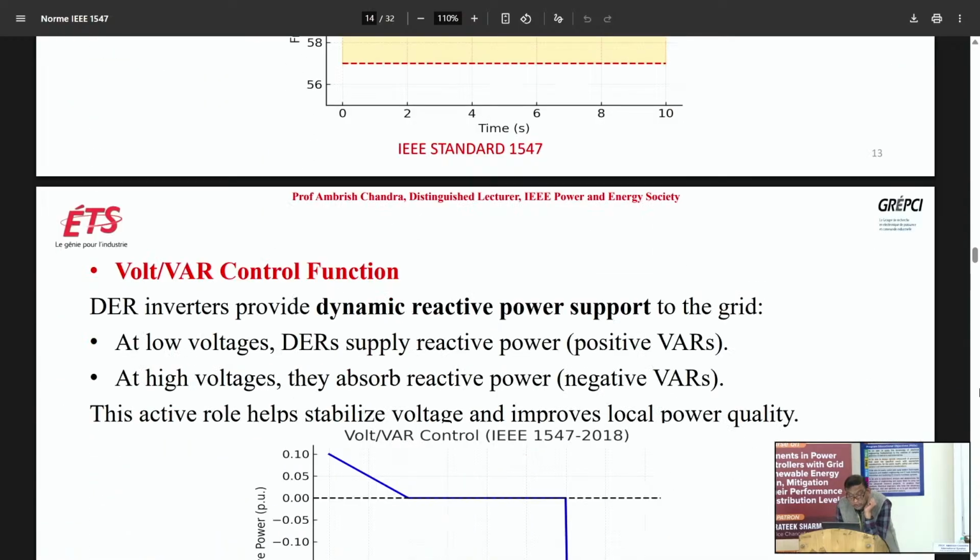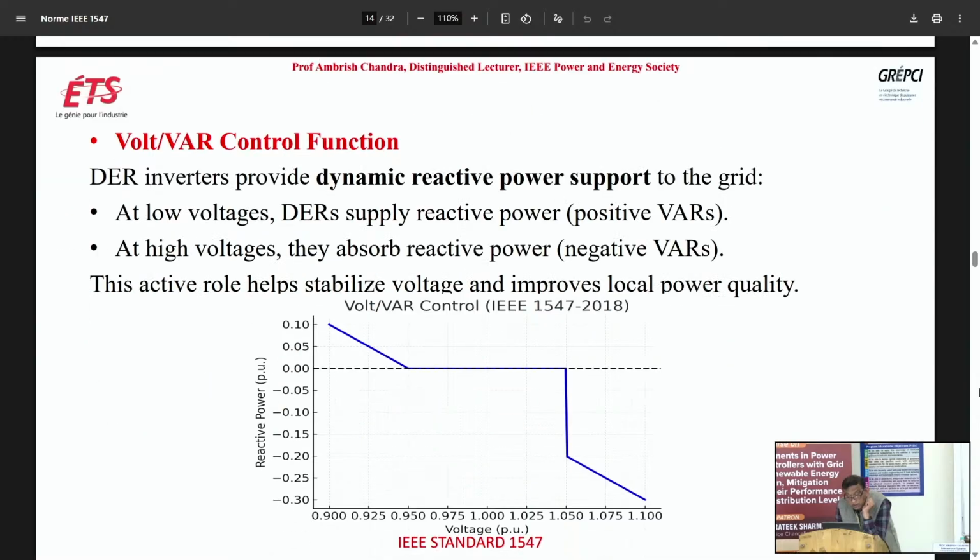Volt-var control function: DER inverters provide dynamic reactive power support. As I told you, 50% of capacity is used only for interfacing power, but the rest of the capacity they should use for reactive power compensation. At low voltage, DER supply reactive power, positive var. See here, this is voltage and this is reactive power.